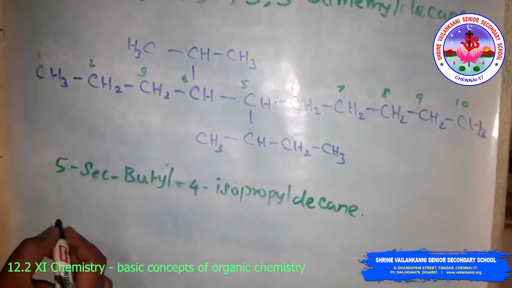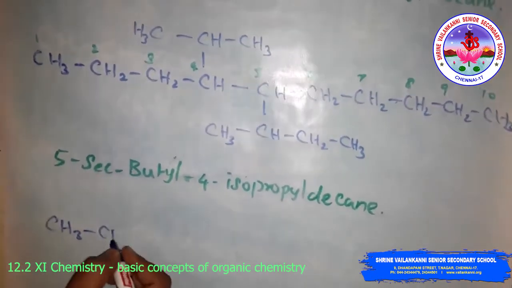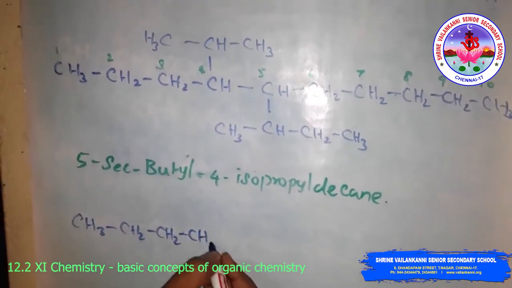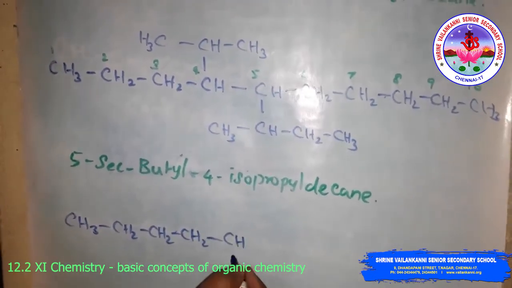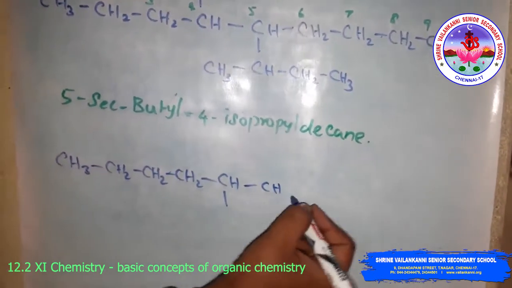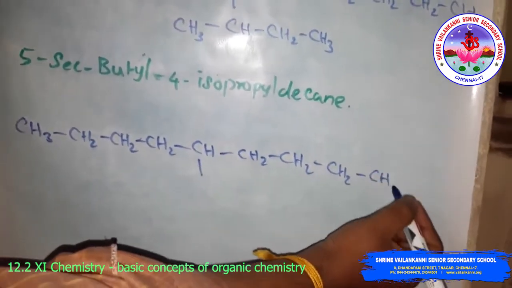Suppose a compound like this, that is CH3, CH2, CH2, CH2, CH, then branching CH2, CH2, CH2, CH3.